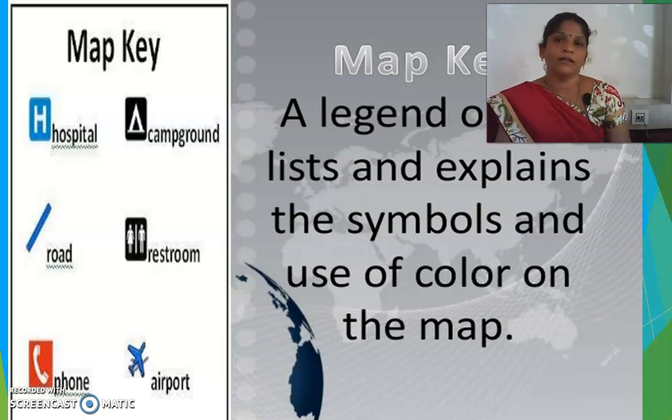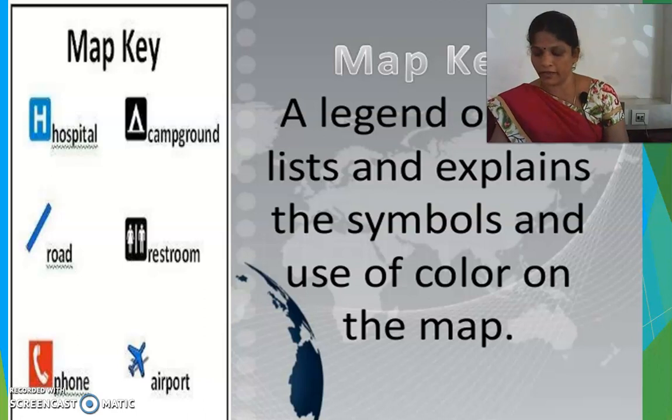Brown color, mountains, very good. Green color, plains, very good. Like that we should identify. So the colors also help us to find the places easily on the earth. That is also given in page number 26.